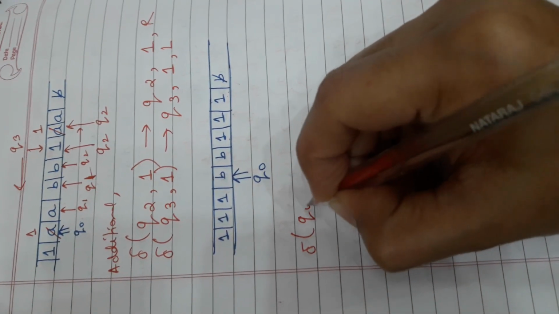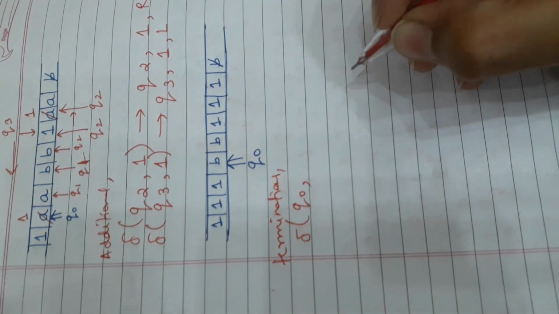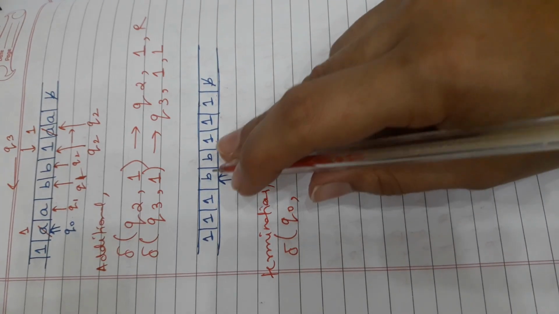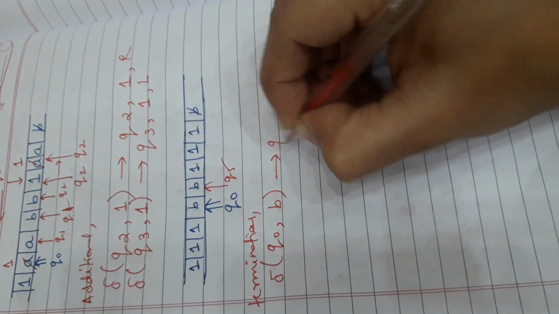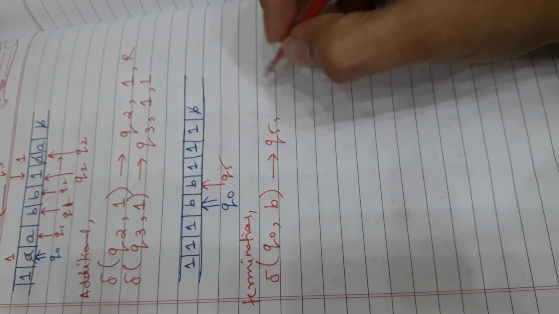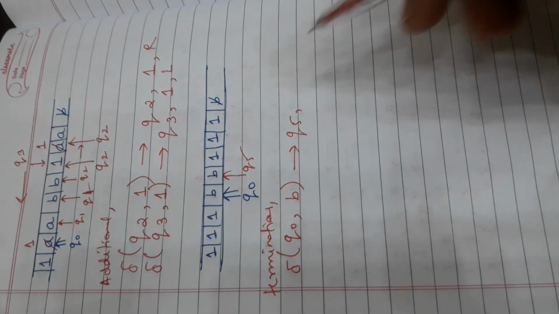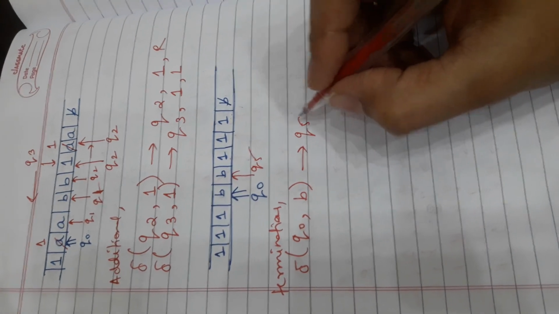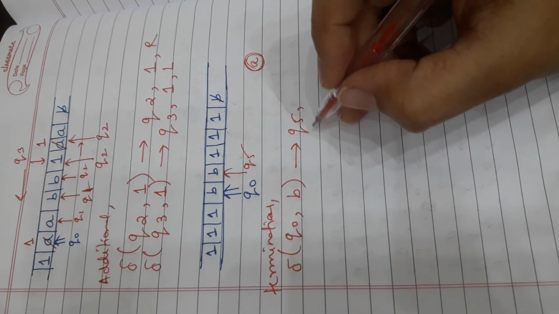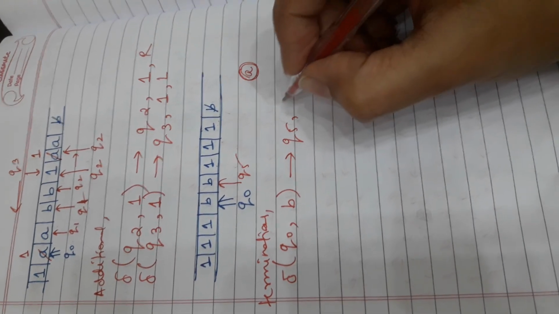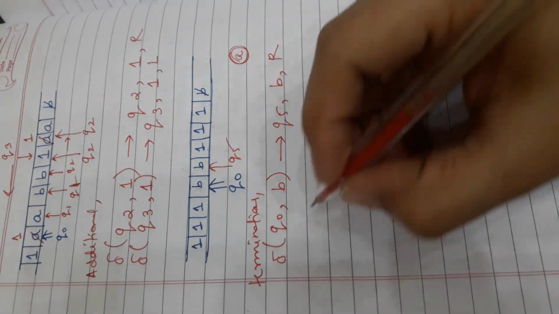So we'll write down the terminating transitions. So for terminating transitions, if Q2 receives a B, you just have to move forward by state change. Why? Because we do not want Q2 to appear in the initial state, because the string should always start with A. So now if Q5, we'll move Q5, do not change the state and move in the right direction, that is move forward.